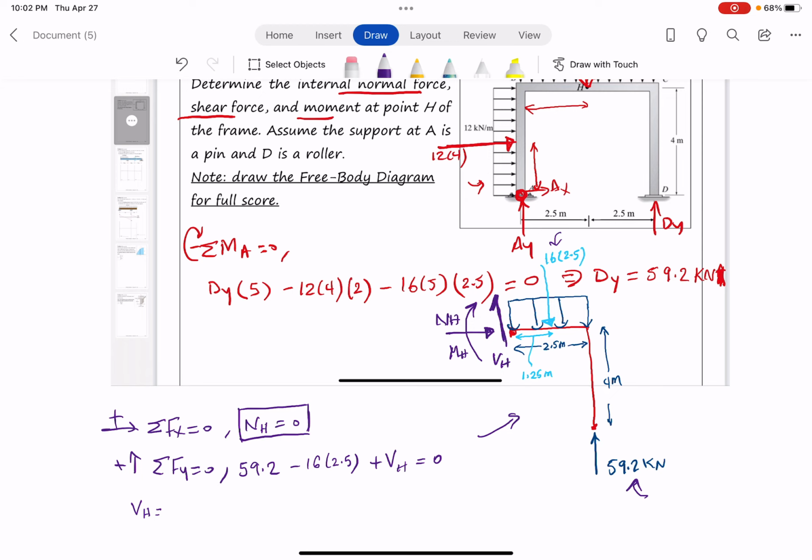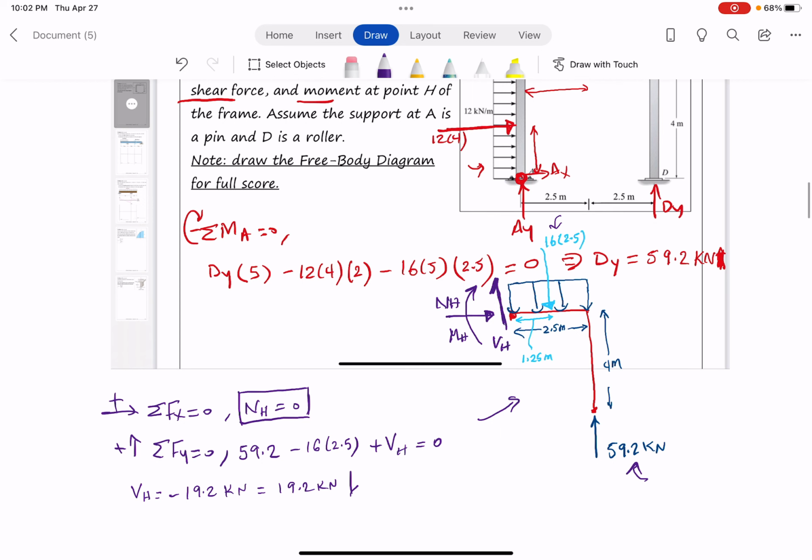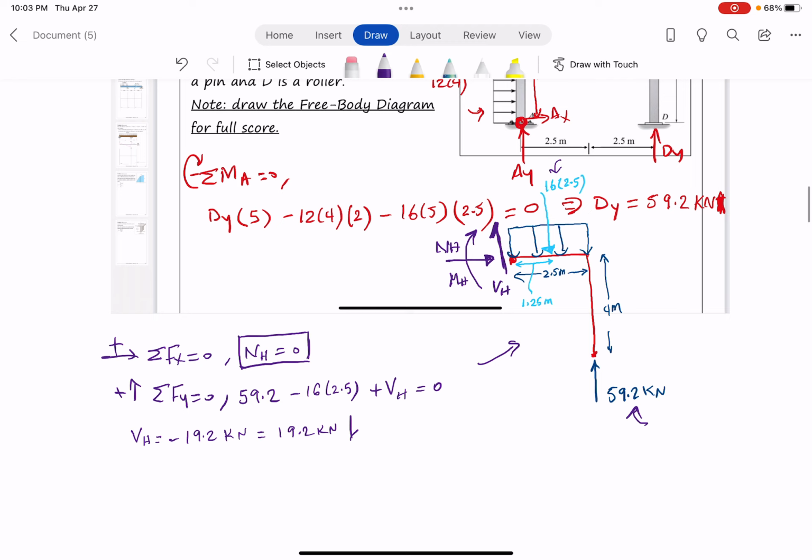VH would be negative 19.2 kilonewton. The meaning of this value is that it is 19.2 kilonewton and it is down. The shear is down from the right. Of course, the shear is going to be up from the left. So it is negative VH.